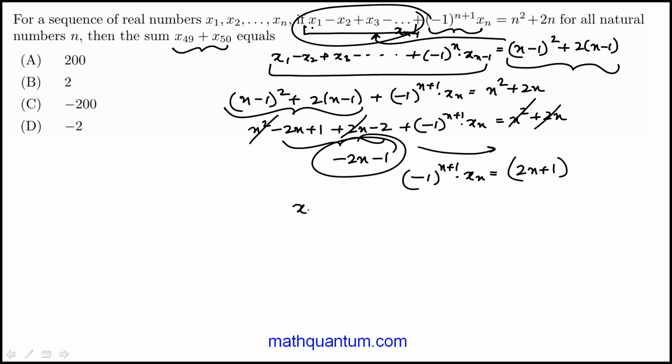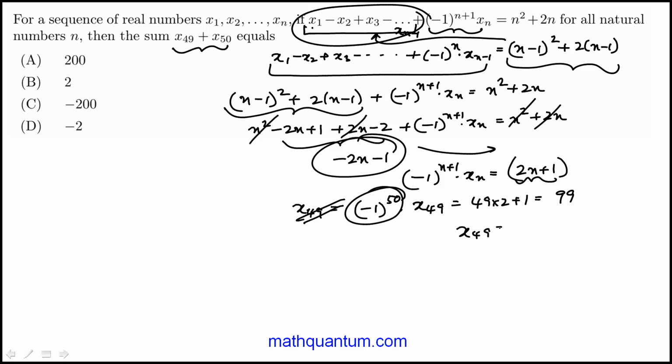So from this, we can now figure out x49, replacing n with 49. Actually, I should leave it here, and I'm simply replacing n with 49. And this would be 49 times 2 plus 1, which is 99, and this is 1, so x49 is 99.